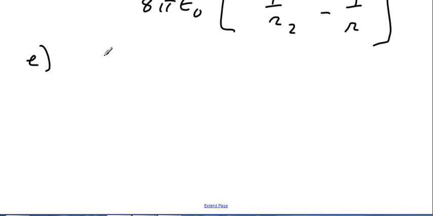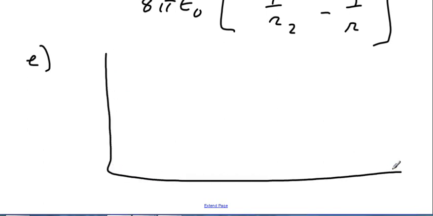All right, so we need a plot. And we're going to have voltage divided by voltage naught on that side, and r versus r2 on that side.